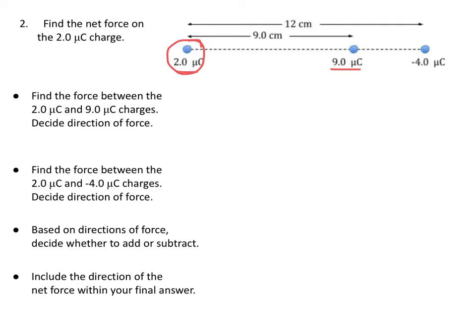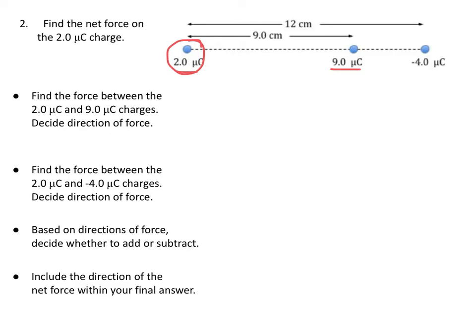So what we want to be noticing here is that this object is going to get pushed away from the 9 microcoulomb like we just showed, but it's actually going to get pulled toward that negative 4. There's going to be an attraction that way. And so we're going to have to take all that into account as we work through this problem.